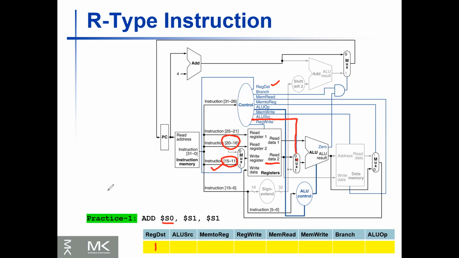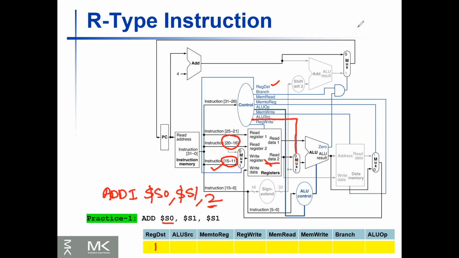If I say, for example, ADDI S0, S1, 2, are you getting my point? Yes. So at that time, what about your second operand? Is it a register or an immediate value? Immediate value. In the case of an immediate value, we will not get it from the register; it will be coming from this way, right? Yes. So it should be 1 at that time. Getting the point? Yes, clear.